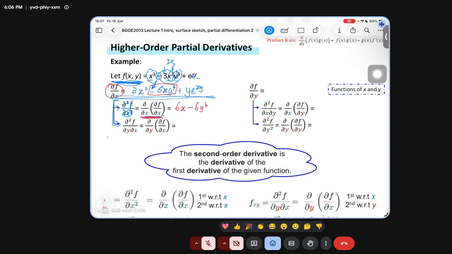Finally, this term, because you still differentiate with respect to x, your answer will be y square e to the power of xy.